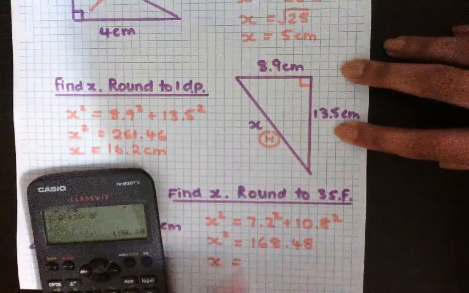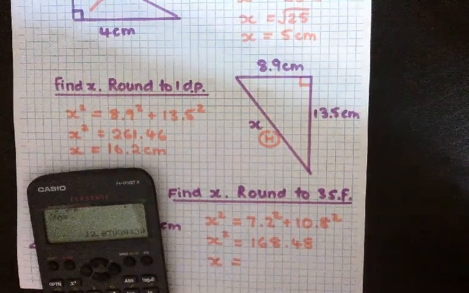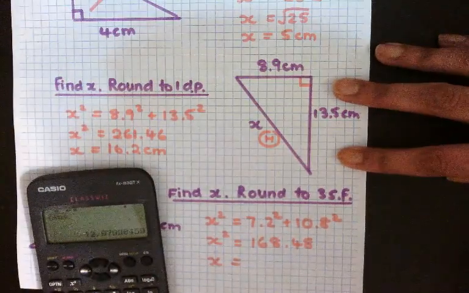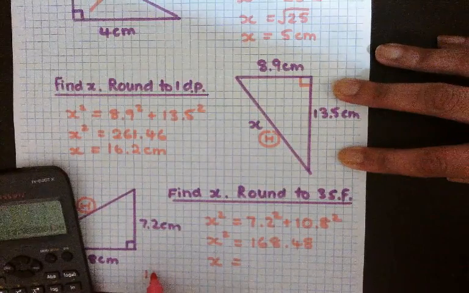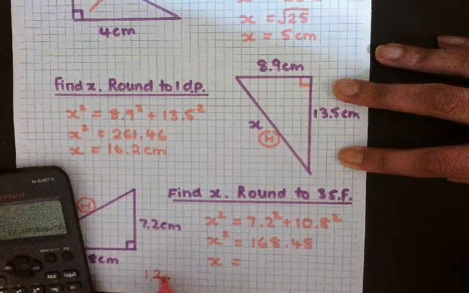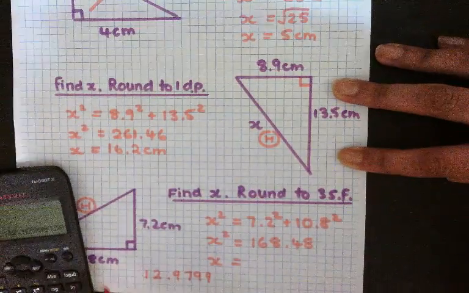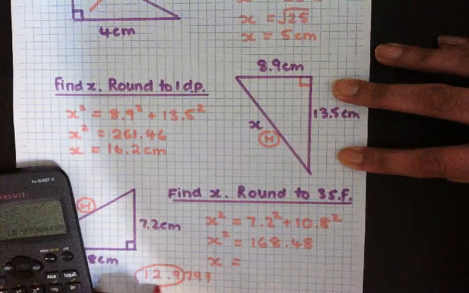And then square rooting the answer, so I'm just going to write this one just over here. So the answer on my calculator is 12.9799. So when I'm rounding this to 3 significant figures, I'm going to circle the most important 3 numbers, the first 3.